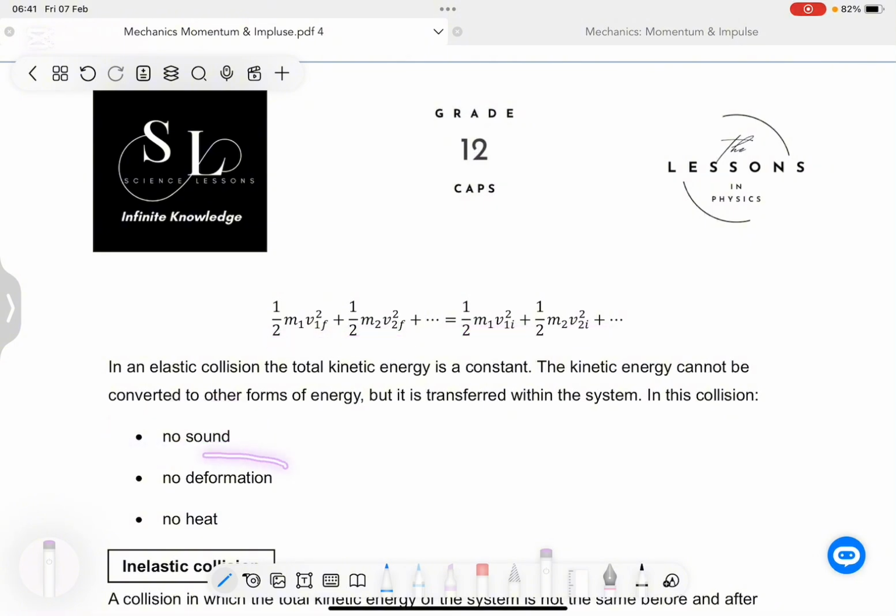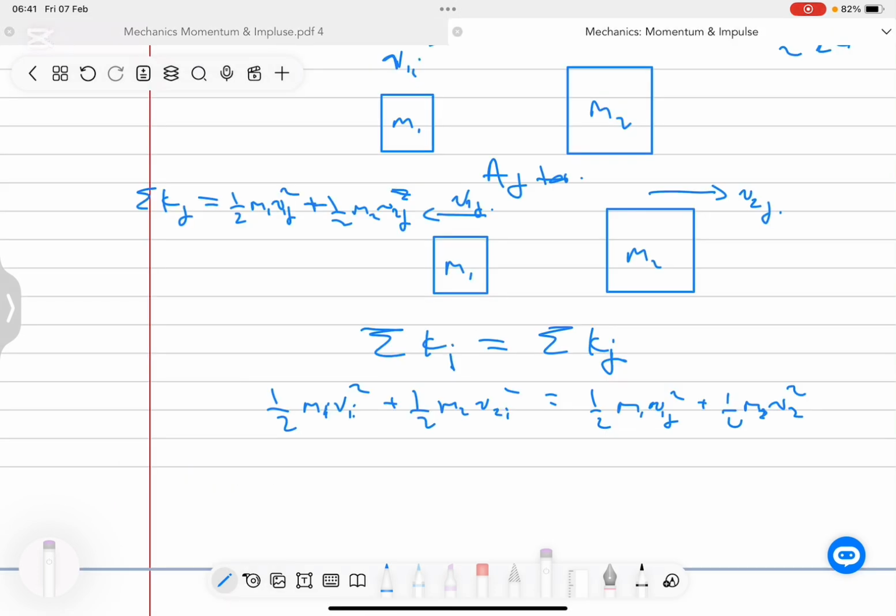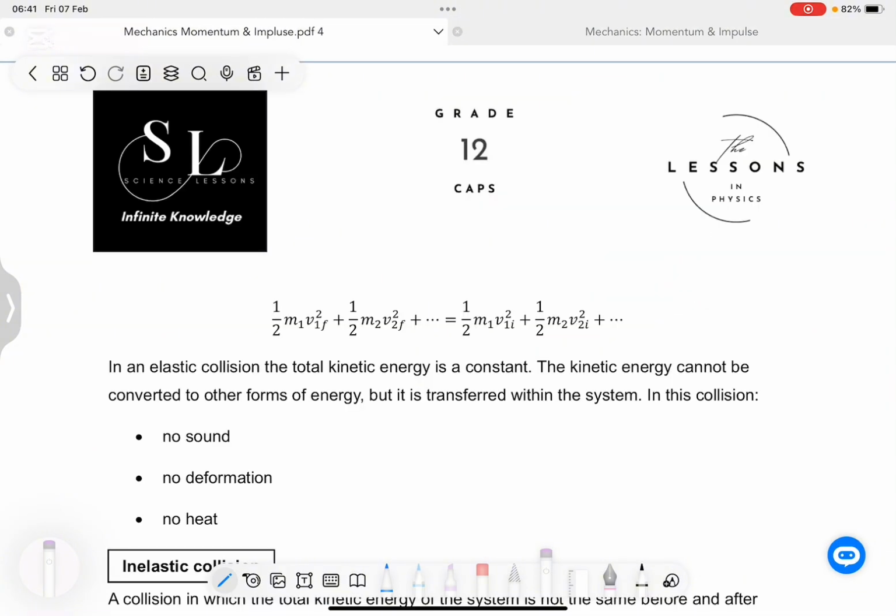And the other thing is that there shouldn't be any deformation. Deformation means a change in shape. So when these two collide, they cannot change shape, because if it changes shape, it then means there has to be some form of sound.